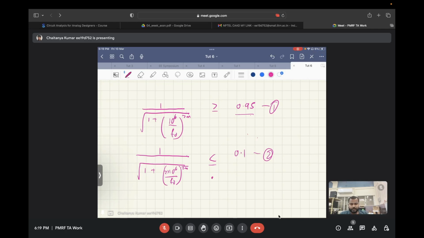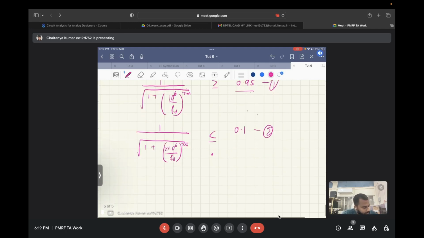Means it should be in this range, sir. It means it should be in 0.95 and 0.1. No, I am talking about f naught. I am not talking about the overall magnitude. So what our magnitude response basically looks like is it starts from 1, and 0.707, that is the 3 dB bandwidth, occurs at f naught.